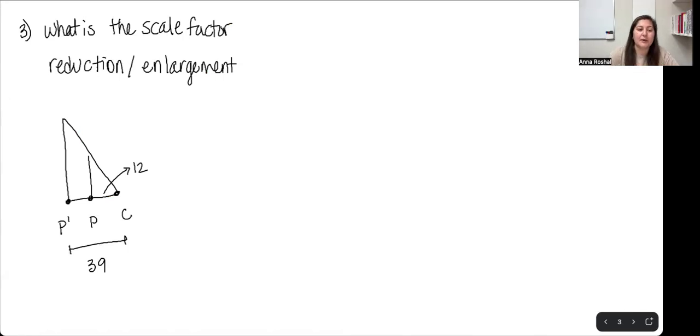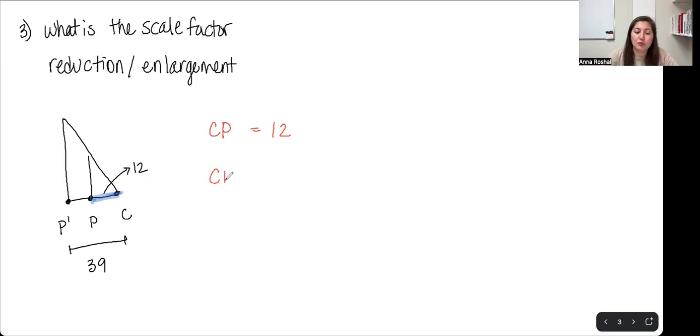So one of the things that you absolutely need to understand is when you're looking at this kind of progression, you want to notice that this PC business right here, that's the original piece, okay? And so once you notice that, you can then go ahead and say, hey, my original CP is going to be 12 units, whatever units they are, inches, feet, it doesn't matter.